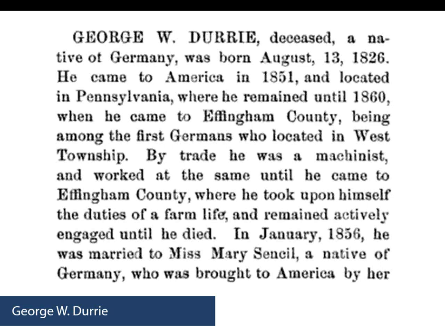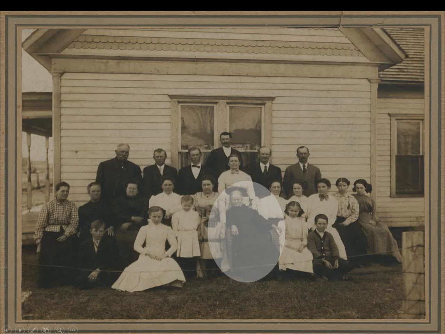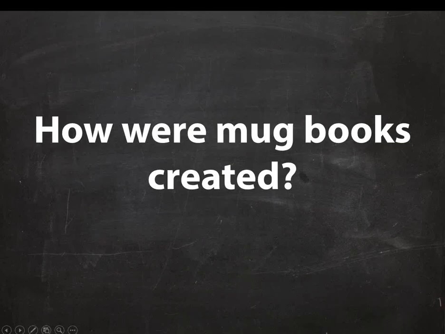I know that it's done by the smaller publishing company, but I also know that the information is most likely coming from his wife, Mary Sensel, or Mary Dury. And the fun part about this is the initial photo that I had shown. Mary Sensel is the one that's sitting in the chair there, surrounded by her children, grandchildren, and actually there's great-grandchildren in there as well, to put a face with a name.